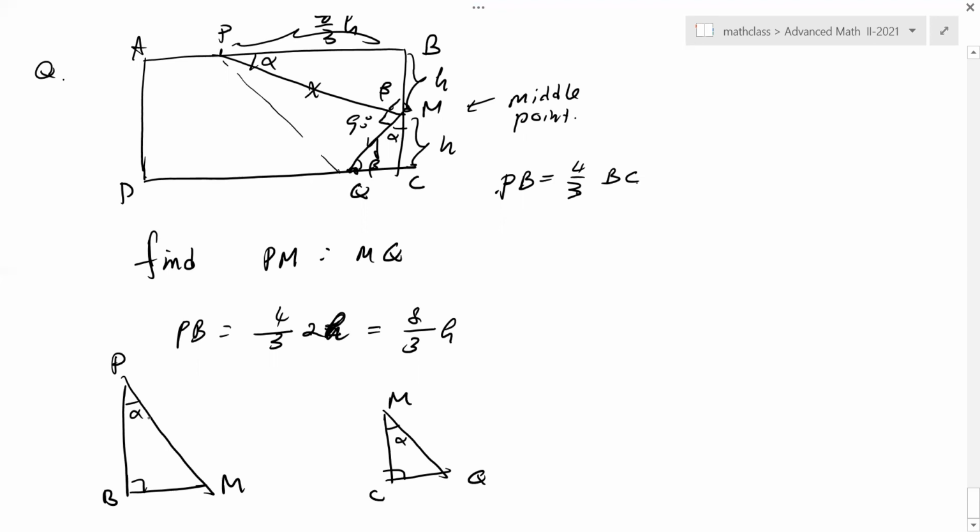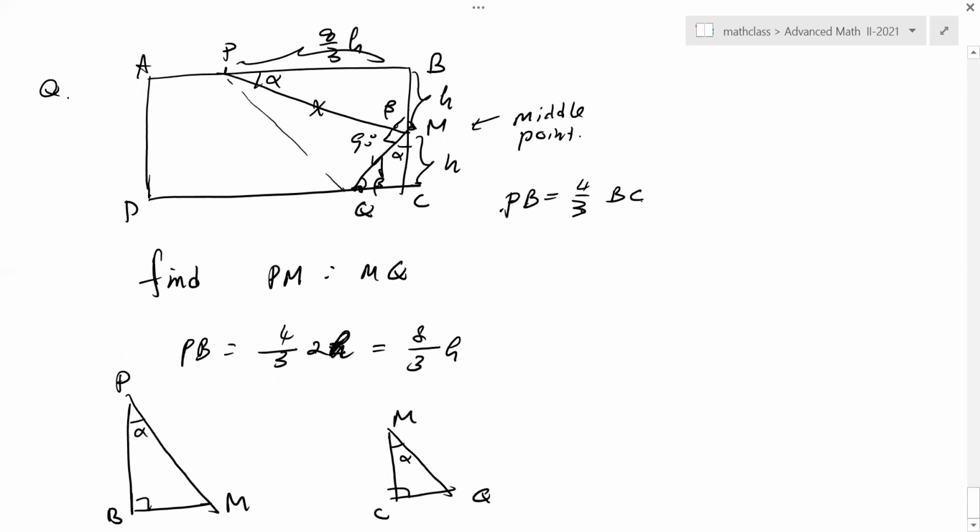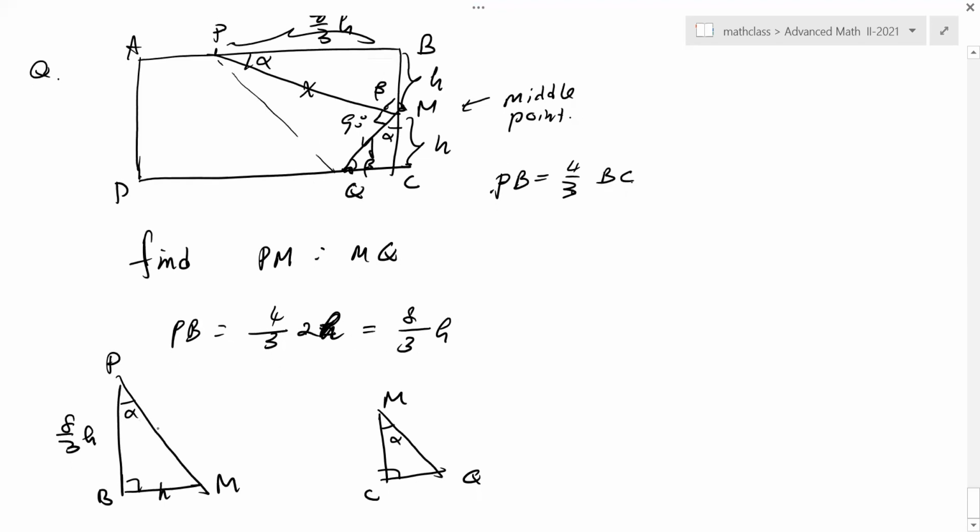So let's mark the corresponding sides. BM is H. PM is X. We know PB is 8 over 3 of H. MQ is Y. MC is H. CQ we don't know, but it's not necessary.